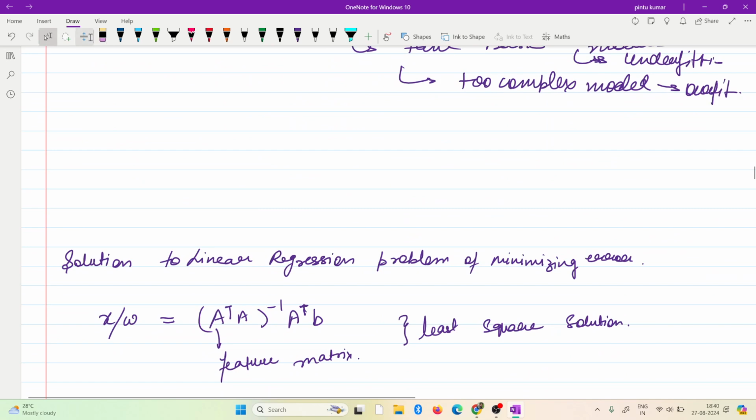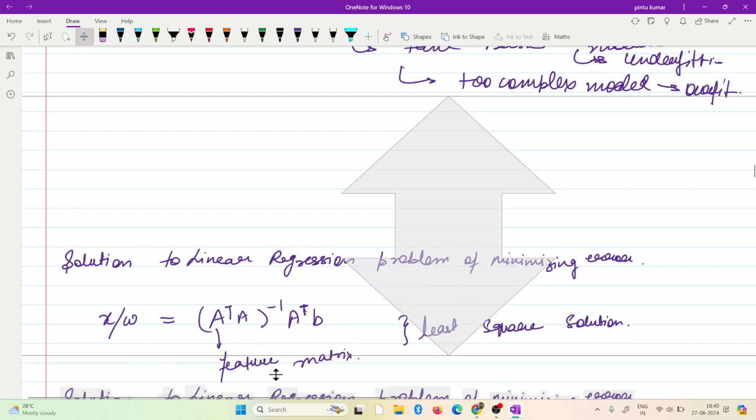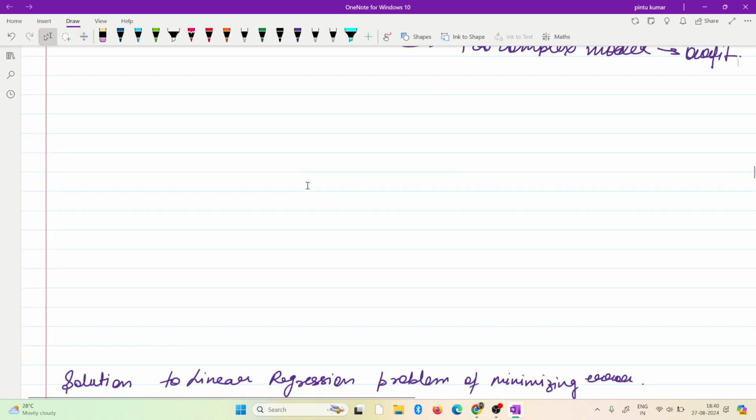One more small analogy that I want to draw is, I always like to view my model optimization this way. When I try to find parameters, what you have in machine learning is some data points.